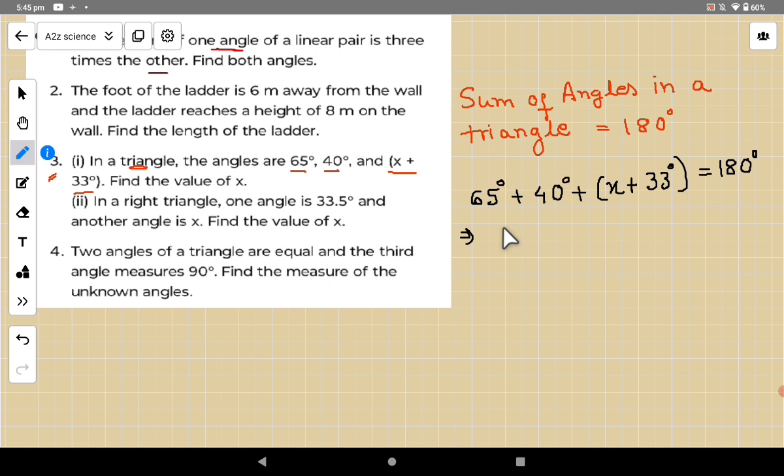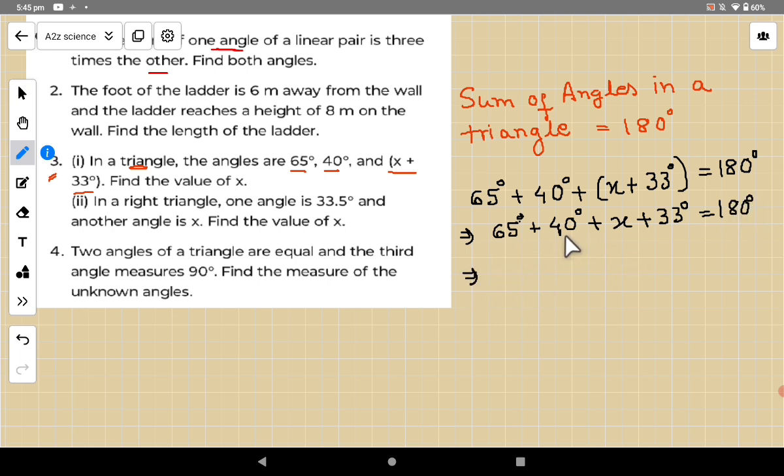Let's add up the known quantities. First open the bracket. See, whatever I am doing, each and every part step by step.